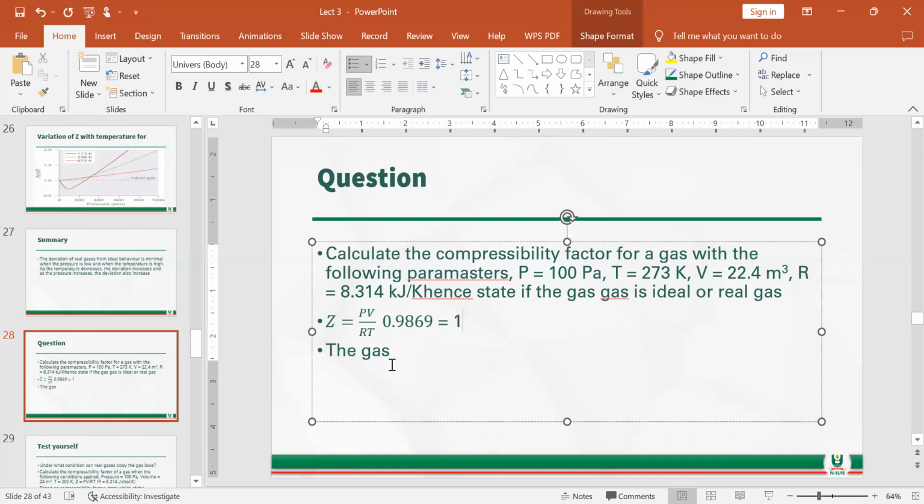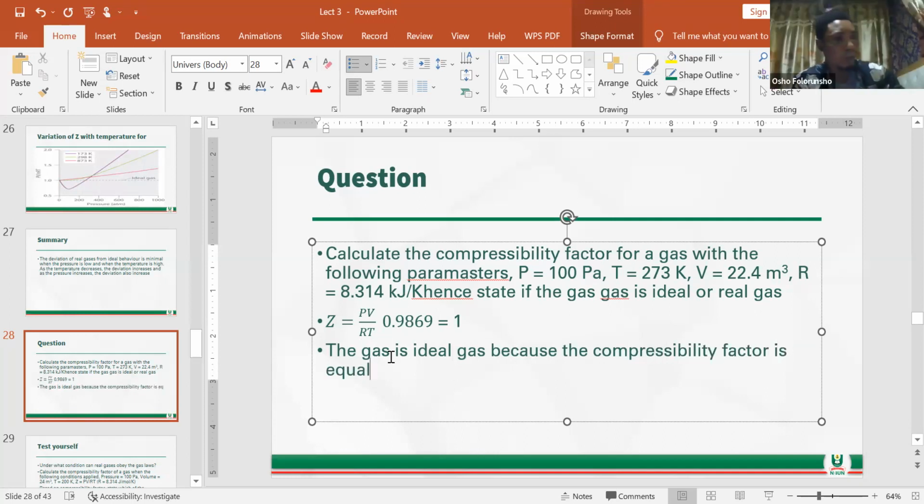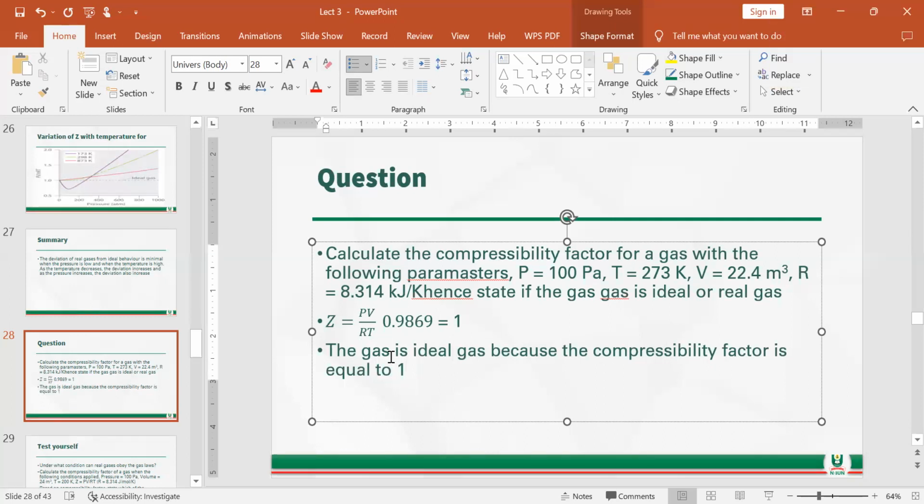So the gas is what? The gas is an ideal gas because the compressibility factor is equal to 1.